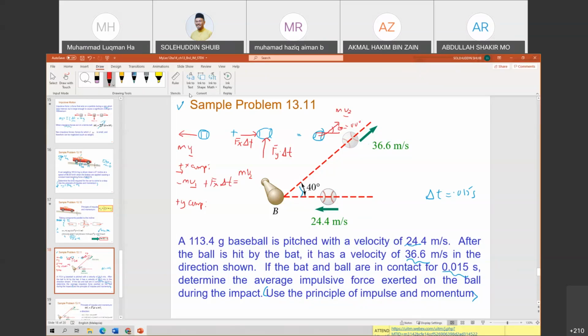Cos. Yes, cosine 40, right? This is the first equation.